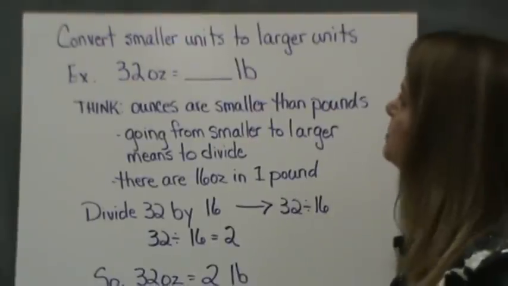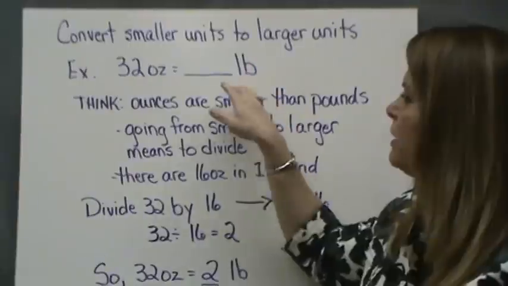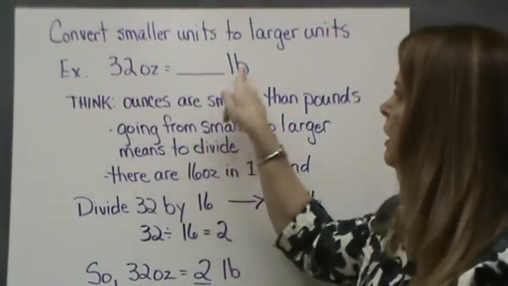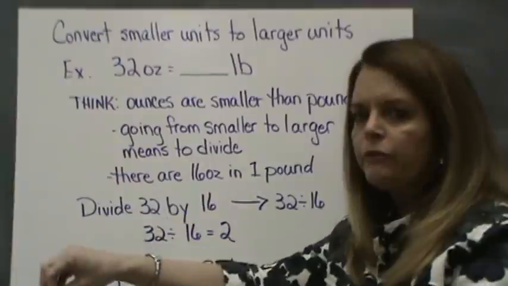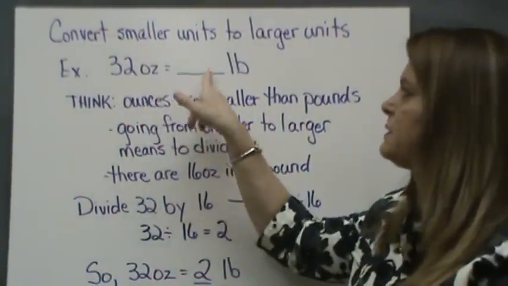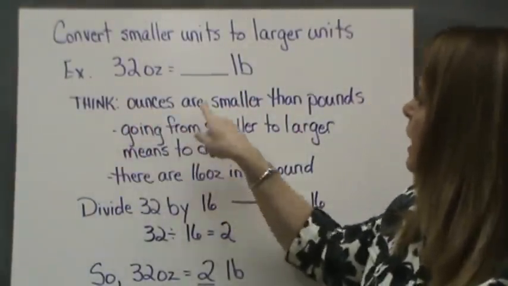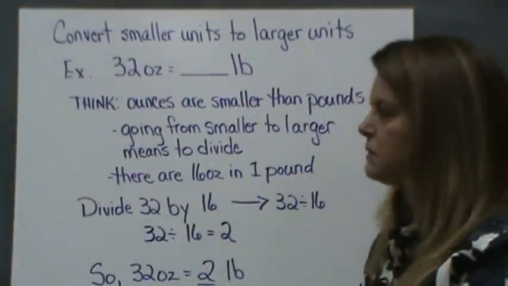If I'm going to convert from smaller units to larger units, this time I'm going to go from ounces to pounds. Ounces are much smaller. Pounds are bigger. If I'm going from small to big, it's not going to be as many pounds. If it's 32 ounces, it's going to be fewer pounds. You need to think, ounces are smaller than pounds.